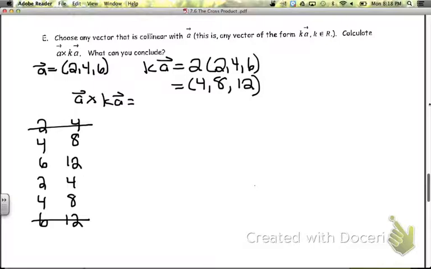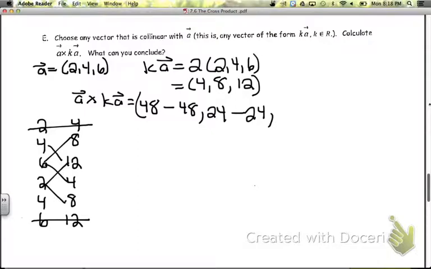What we have here is 4 times 12, which is 48, minus our 8 times 6, which is 48, and then 6 times 4, which is 24, minus 2 times 12, which is 24, 2 times 8, 16, minus 4 times 4, which is 16.